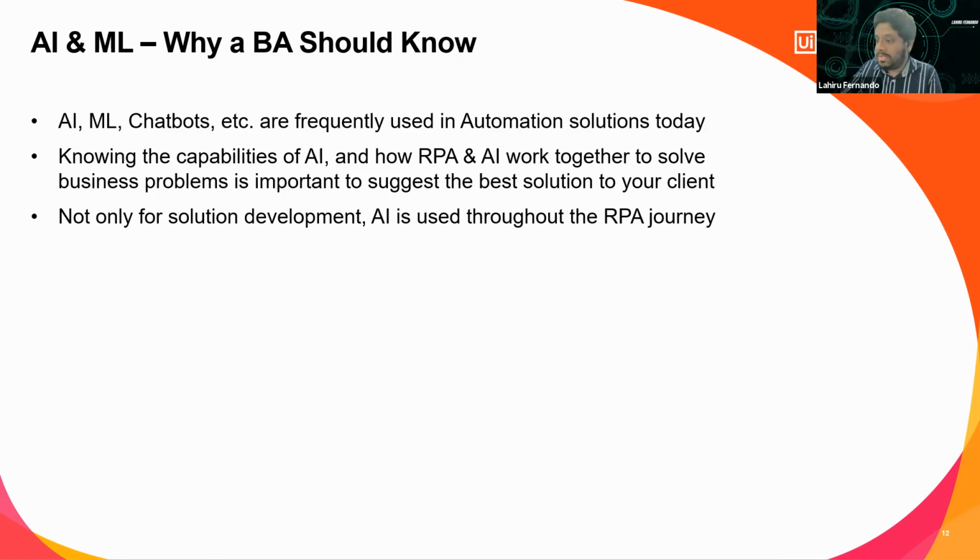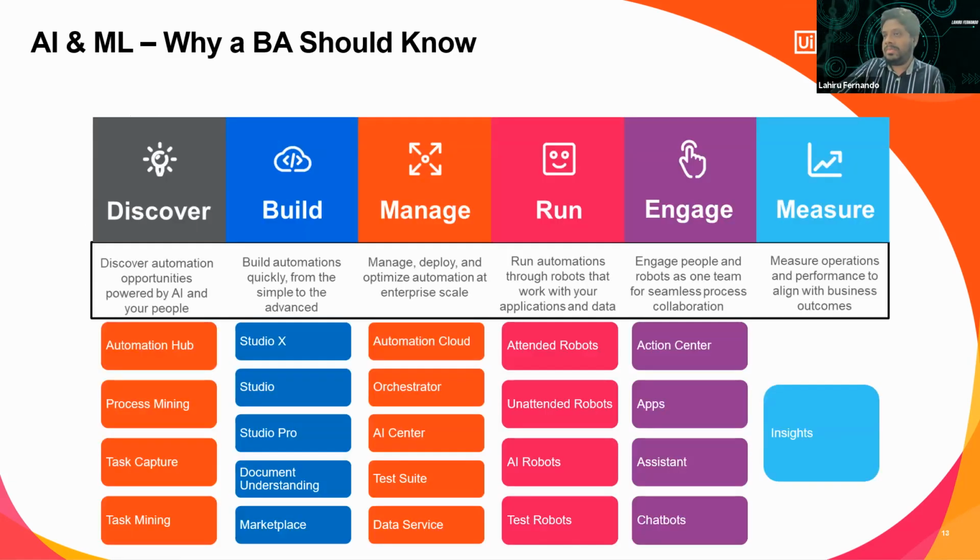And that's why it is very important to learn about it. So maybe you have seen this image earlier. These are the stages in RPA at a high level: discover, build, manage, run, engage, and measure.